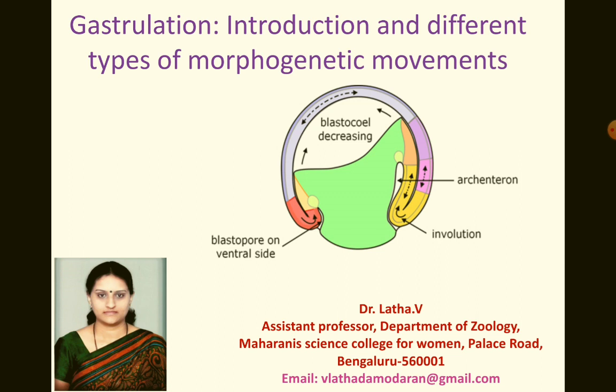That is because of the inward movement of certain cells from the surface of this developing embryo. So what makes these cells move inward, and in what way do they get inside the developing zygote? All this we will learn in this process of gastrulation.